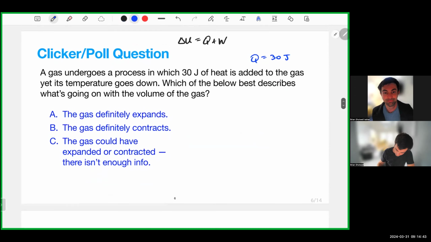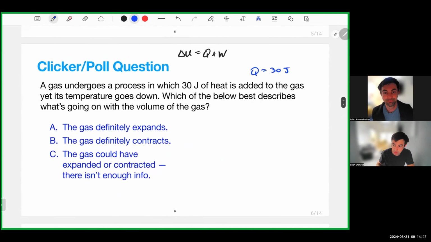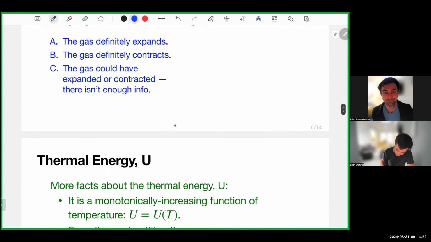So this is actually a statement. We didn't talk about this in the previous slide, but maybe as a hint for the next slide: internal energy, or the thermal energy U, is a monotonically increasing function of temperature.